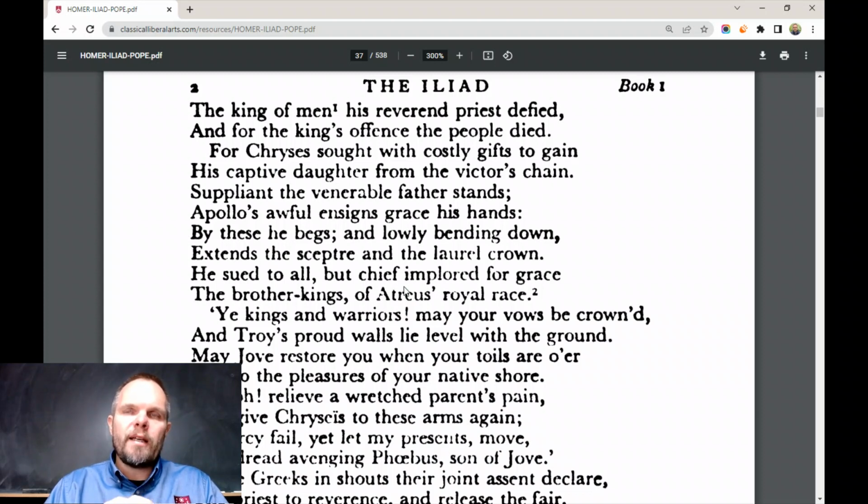But he, the priest, Chryses, asks the Greeks for mercy, but specifically he prays to Agamemnon and Menelaos, the sons of Atreus, the brother kings, and begs them to be gracious, to be merciful to him, and grant him the ransom of his daughter in exchange for these gifts, but also in consideration of his role as a priest of Apollo.